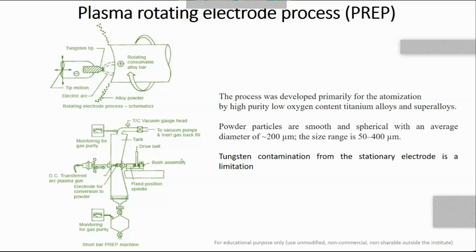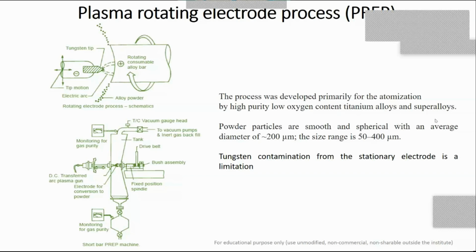This process is carried out in a very specialized setup, relatively maintained at low temperature, with gas purging, and the unwanted gases are sucked up with the help of a vacuum pump, and you get high purity, low oxygen titanium alloys and super alloys.